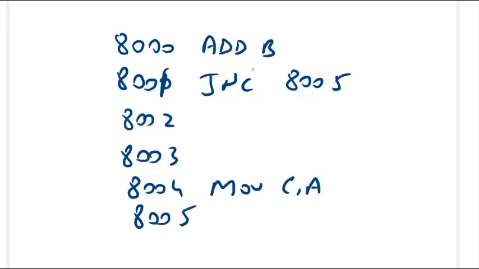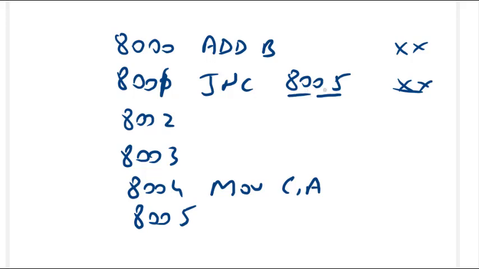When we write the hex code, first we write the hex code of ADD B. Because JNC is a 3-byte instruction, we need to leave 2 spaces after the JNC opcode. While entering the second and third byte, we have to enter the jump location.